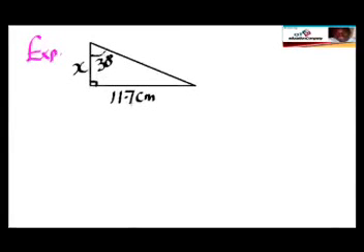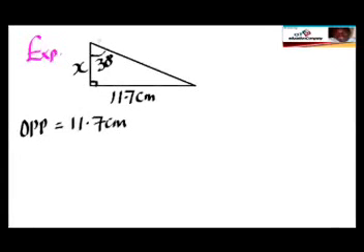Then you have x and the opposite side of the angle is given as 11.7. So we'll just quickly identify the sides here. This side that is facing the angle, remember I said is the opposite. Anytime you're having an internal angle other than 90 degrees, the side that faces it is the opposite. So we have OPP is 11.7 centimeter.